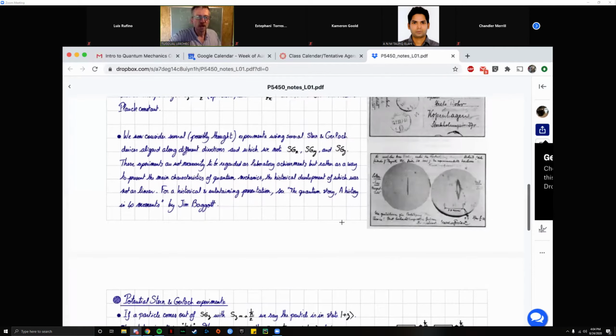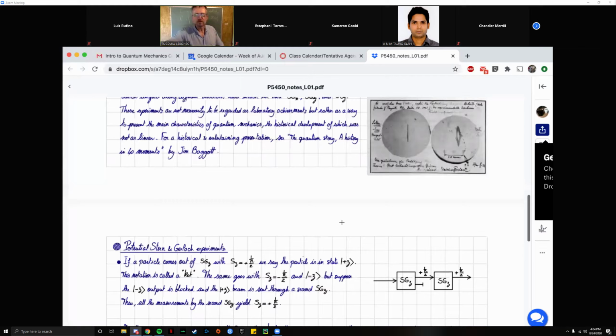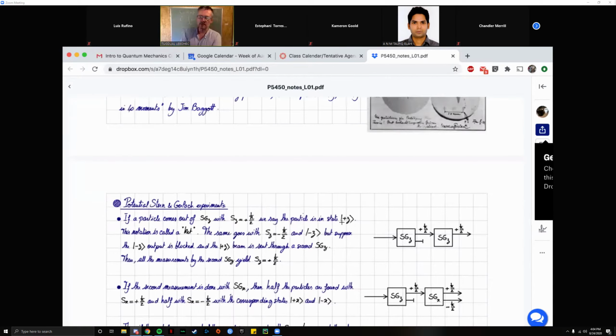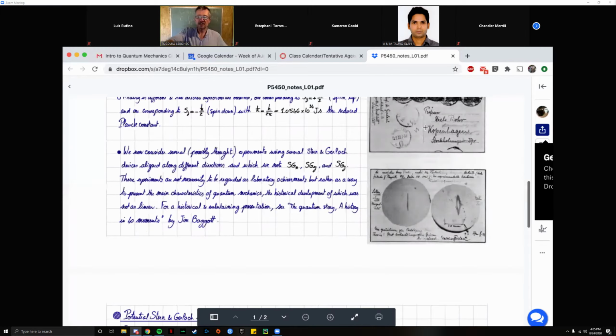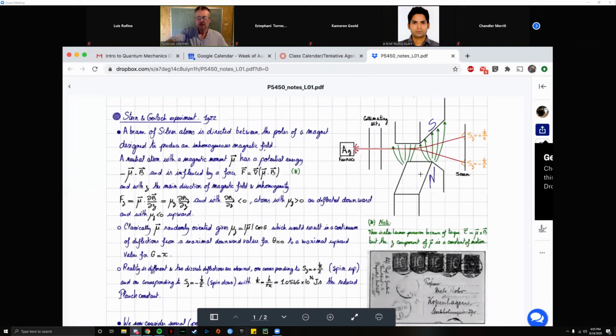So let's go. A first experiment, if you had the Stern and Gerlach apparatus, that you would probably like to do is to receive atoms from the Stern and Gerlach. I call it Stern and Gerlach apparatus sub Z when the magnetic field is pointing along the Z-axis, okay? So let's say upward in the lab.